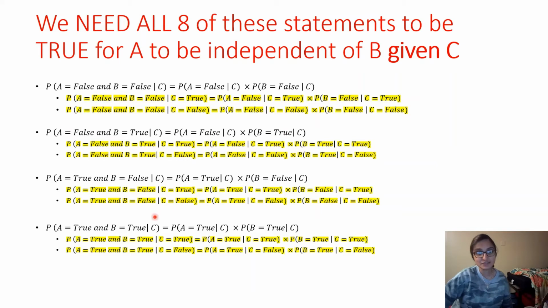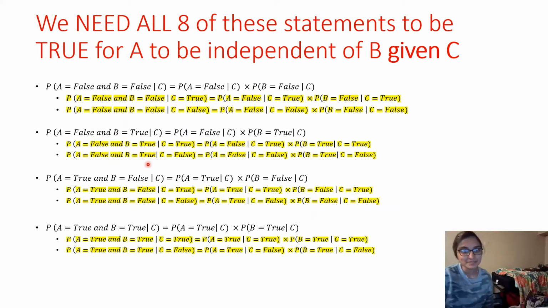So 2 outcomes for each of these 4 statements. Thus we have those 8 outcomes that we're seeing. So what we're seeing here again is A is false and B is false, given that C is false, equals probability A is false, given that C is false, multiplied by the probability B is false, given that C is false here.